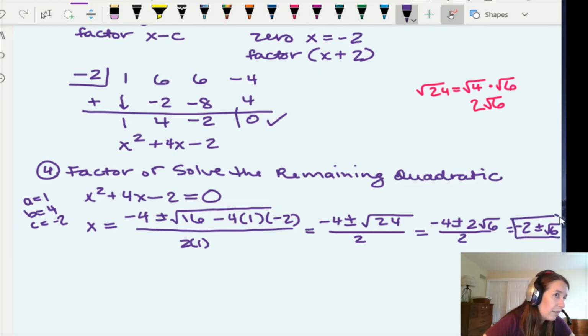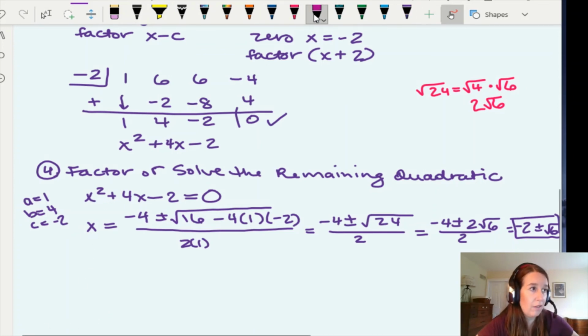See if I can't fit it all. Okay, and there's really no need to get the decimal of that because we're trying to find the real zero, so we want the exact number like that. And our final answer then, okay, we're going to be asked for two things.